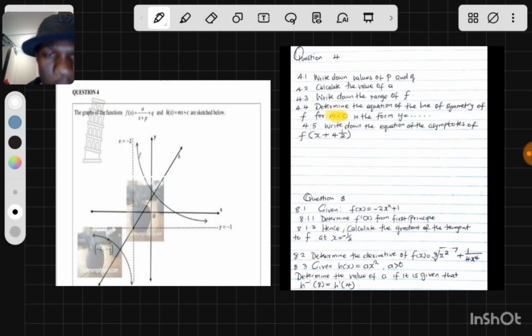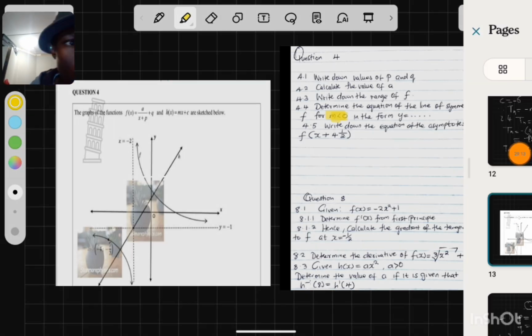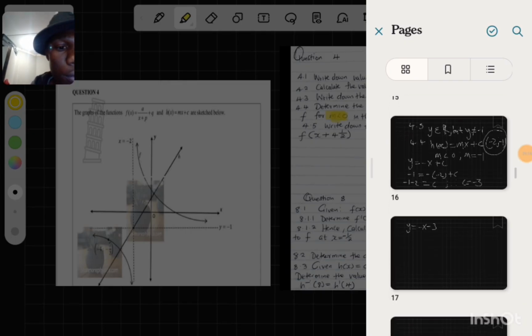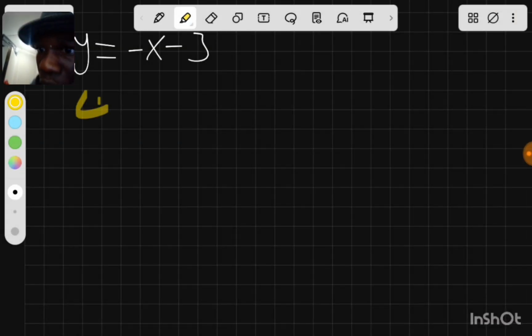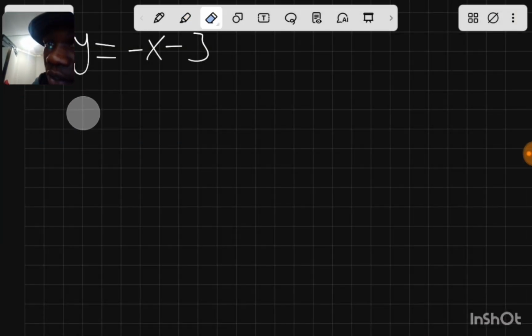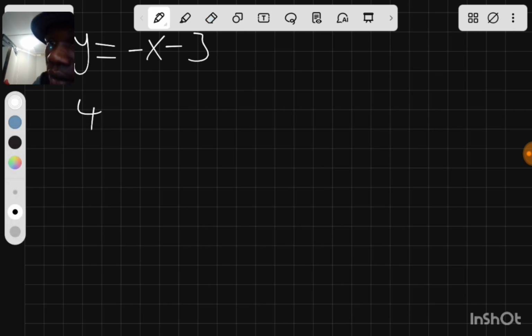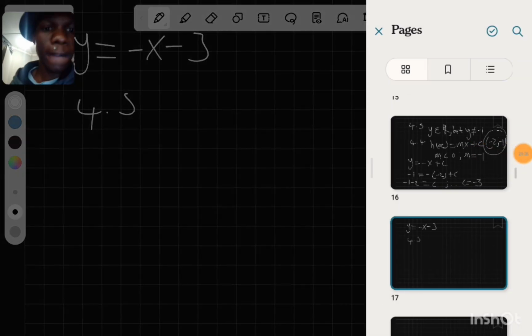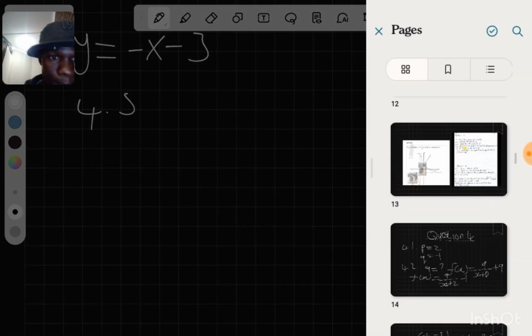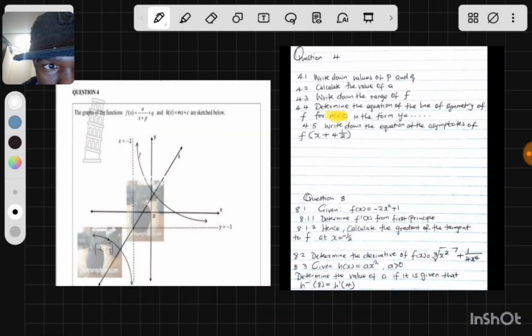So we're going to 4.5. What are they saying there? Oh, they want us to write down the asymptote of f of x plus 4 1 over 2.